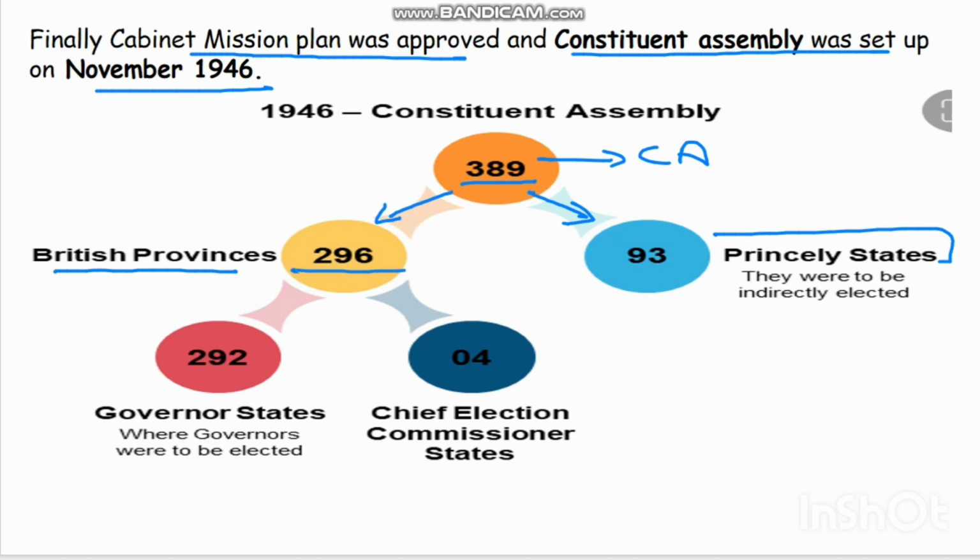And of these 296 seats, 292 seats were given to governor states where the governors will be elected, and 4 seats will be given to chief commissioner states.